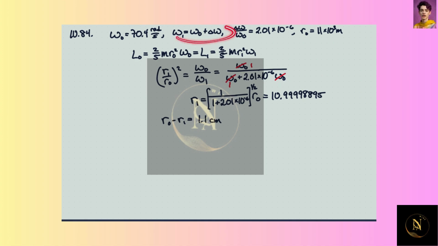And we notice there's a little blip, and all of a sudden its angular velocity changes, and that fraction of a change is 2.01 times 10 to the minus sixth. So that would be 2.01 times 10 to the minus fourth percent. So a very small change. And we're told that it initially has a radius of 11 kilometers.